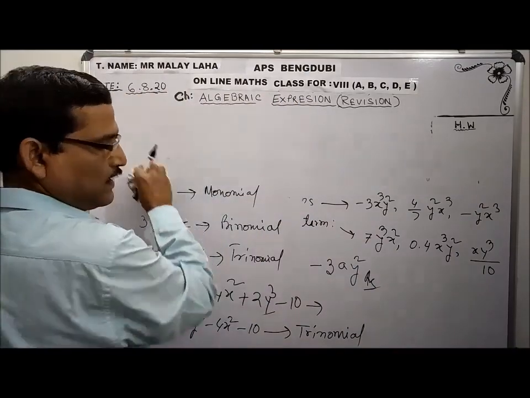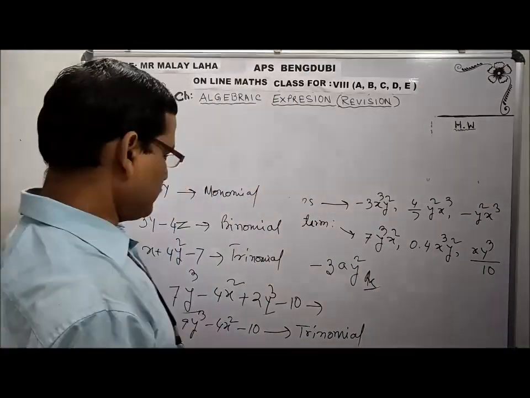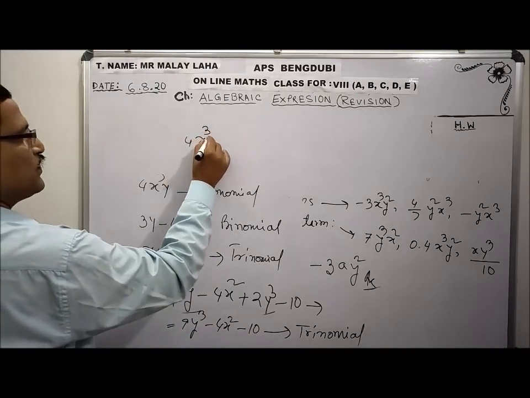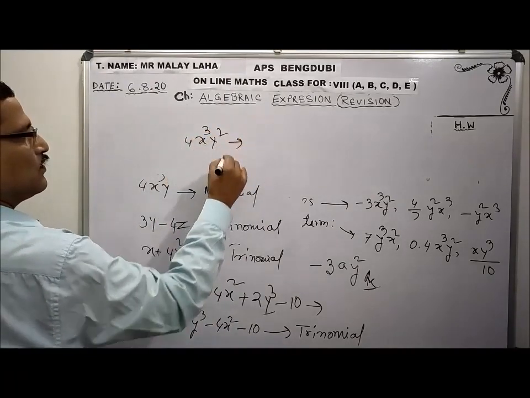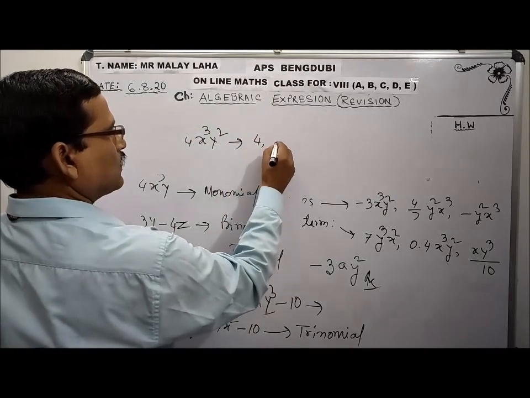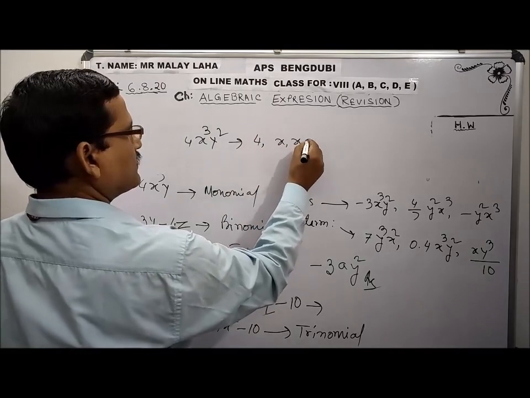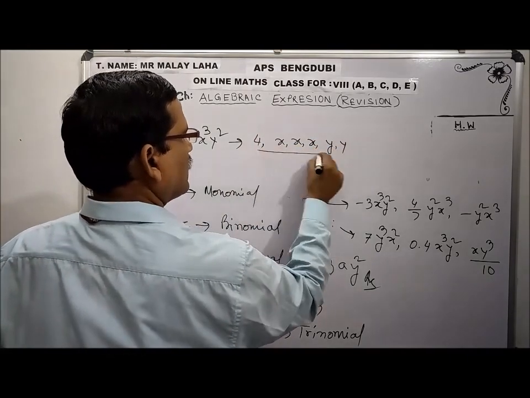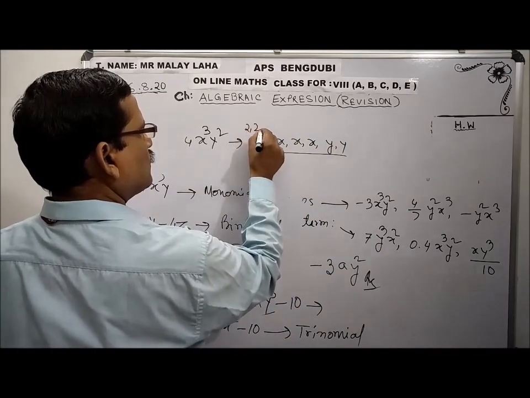Each part within a term is called a factor. Say 4x square, x cube, y square. So here the factors are 4, x, y, y. You can even split the 2 as 2.